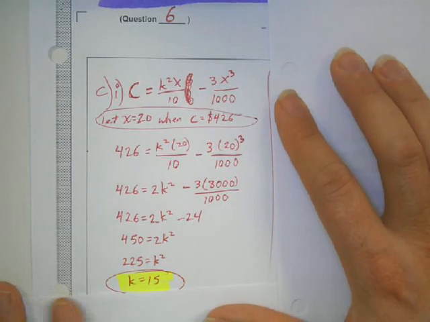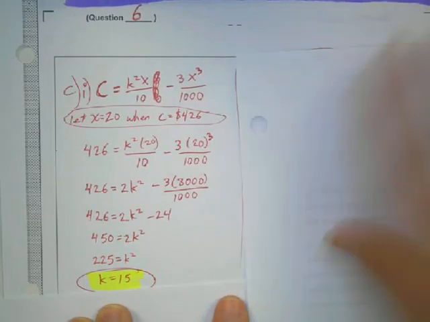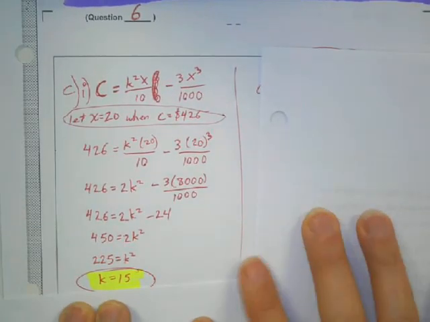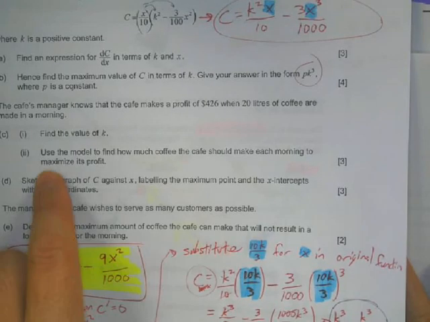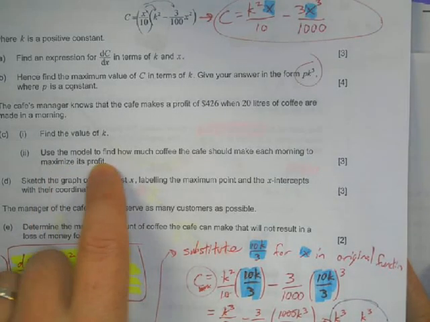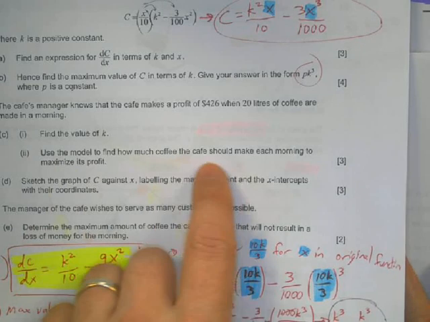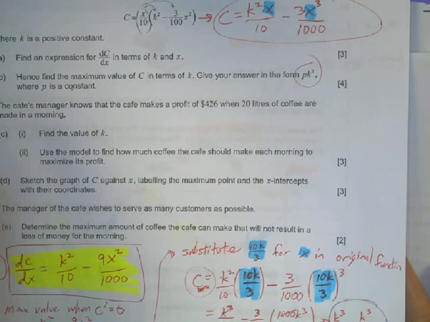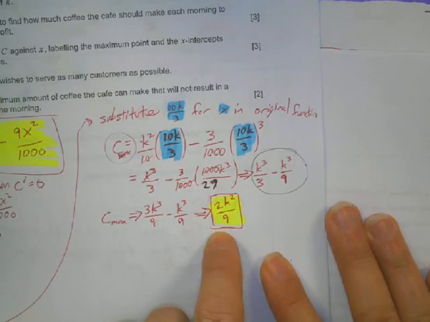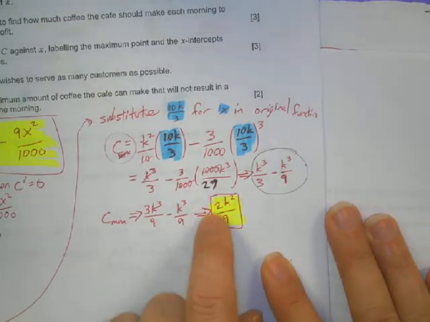Okay. So next, the question says, use the model to find how much coffee should be made each morning to maximize profit. So we know the maximum is 2k cubed over 9, right?